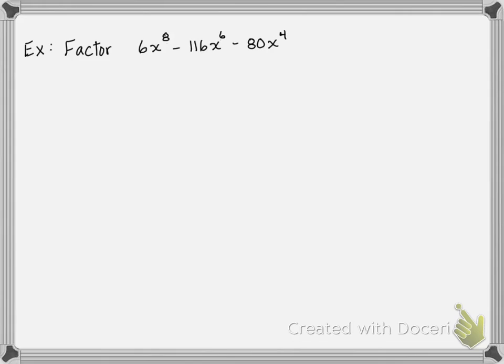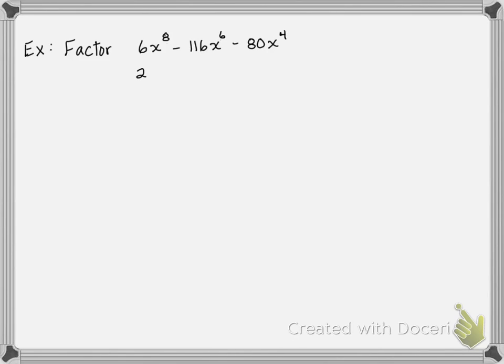What should I do first? Well, yeah, but I mean, how do I factor first? So descending order, good. What's next? GCF, which in this case is 2x to the 4th.